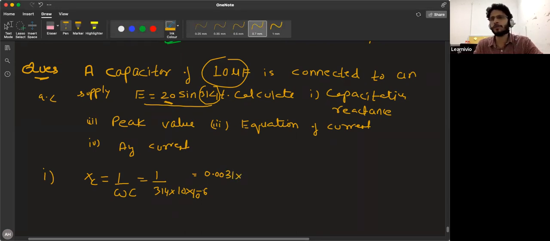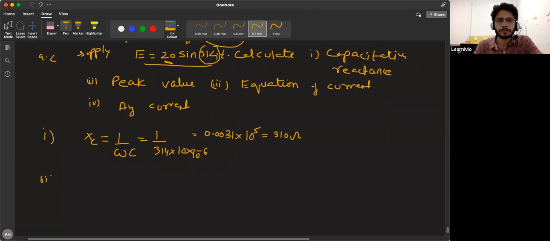This is into 10 into 10 raised to the power minus 6, so that's 10 raised to the power minus 5. You take it to the numerator, then this is 10 raised to the power 5. So 0.0031 into 10 raised to the power 5 is 310.